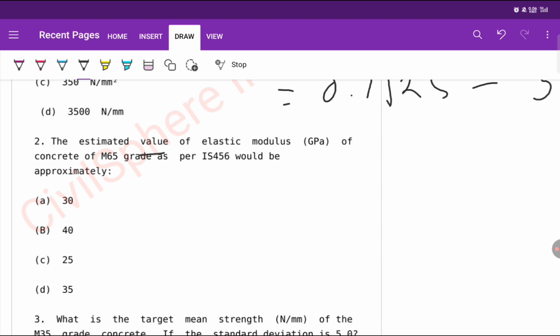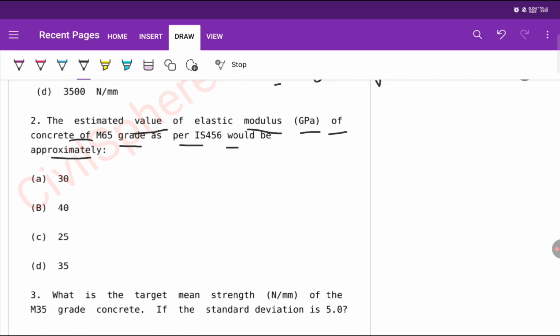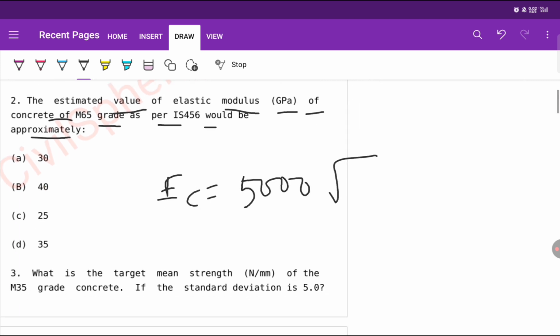The estimated value of elastic modulus in GPa (gigapascal) of concrete of M65 grade as per IS 456 would be approximately. So the question asks for the elastic modulus of concrete. As per IS 456:2000, Ec is equal to 5000 into root of fck, right?